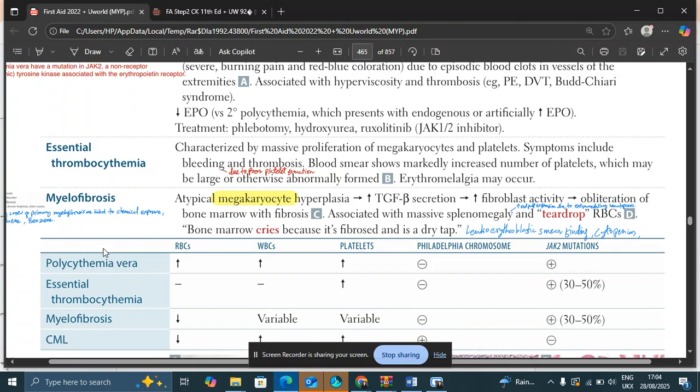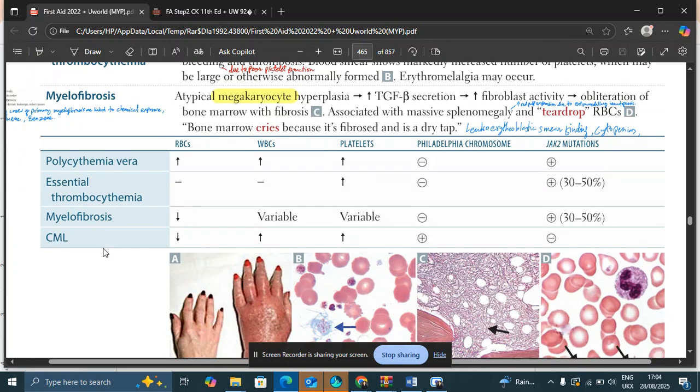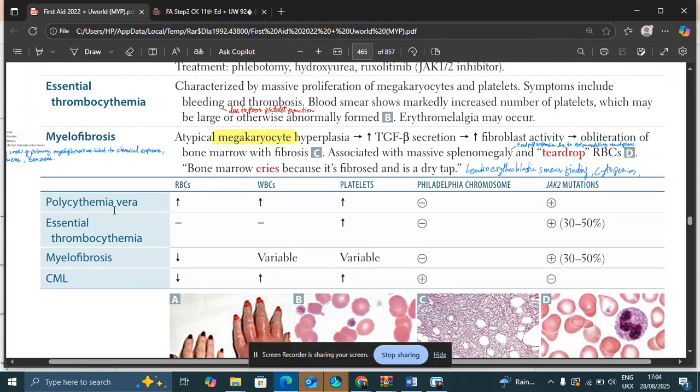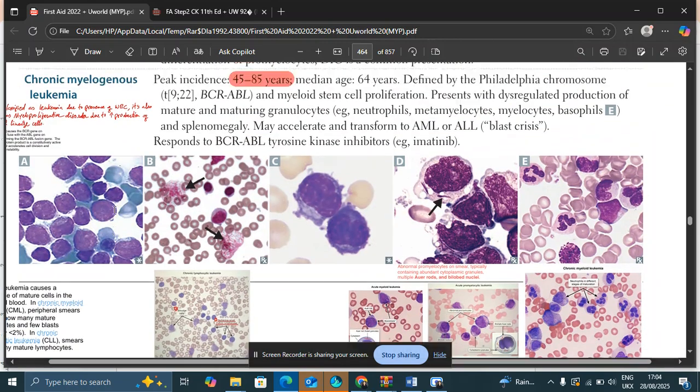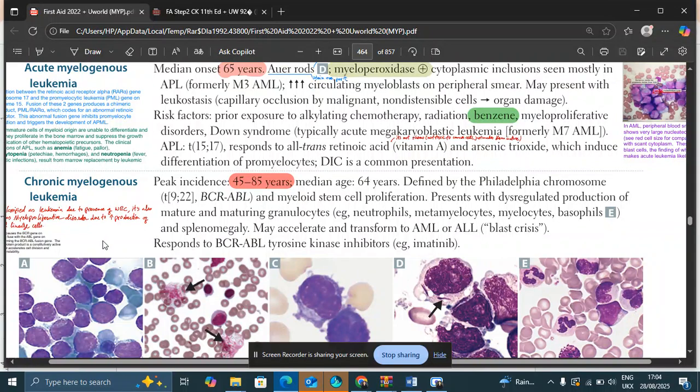Now, these are the differentiating points. Oh, before that, let's discuss quickly CML. Chronic myeloid leukemia is a cancer of the blood, usually seen in older patients around the age of 64.